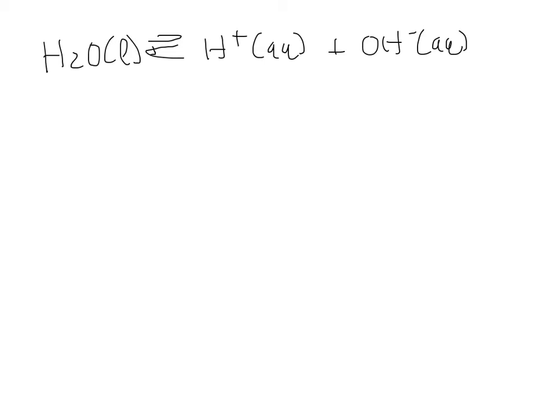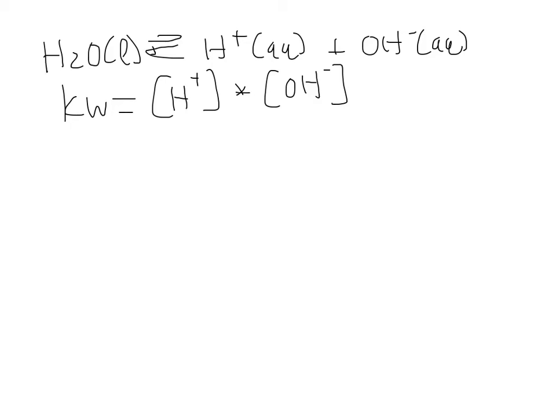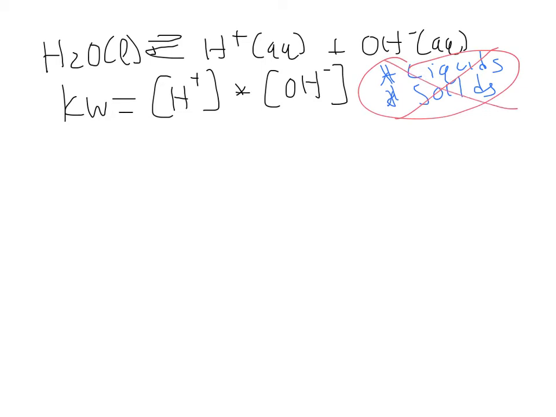It should be Kw, which stands for the constant of water, equals H plus multiplied by OH minus. Some of you might have divided by H2O liquid, but you have to remember that liquids and solids are not in the equilibrium expression.